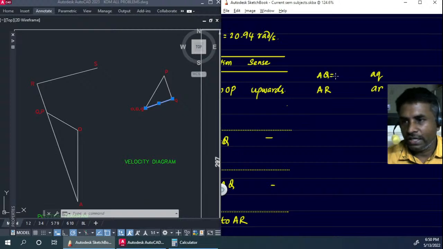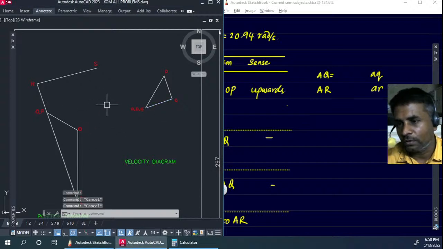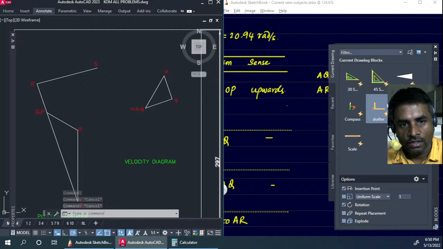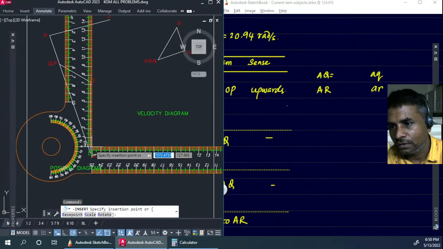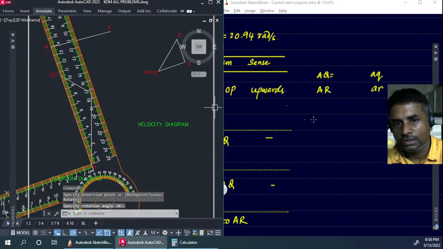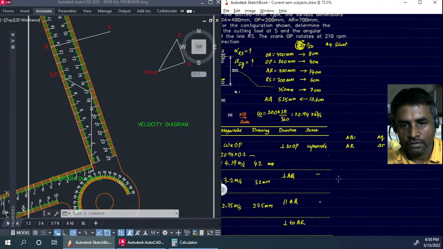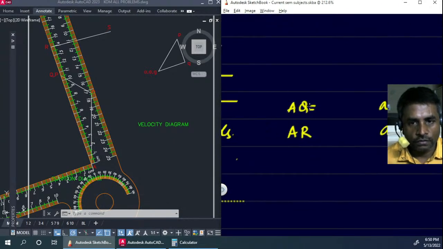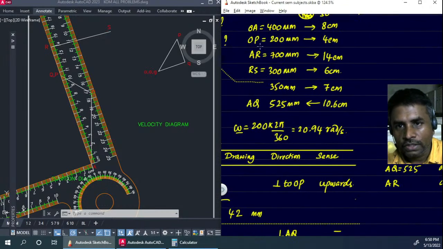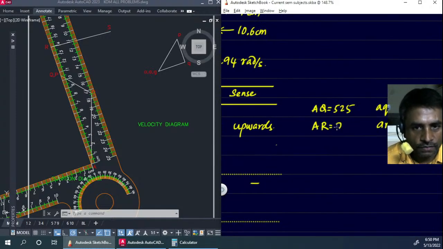We know the length of capital AQ, and we have measured that. The length AQ, I think we have written it over here. AQ length we have 525. AR length, that is 700 mm, is given actually.